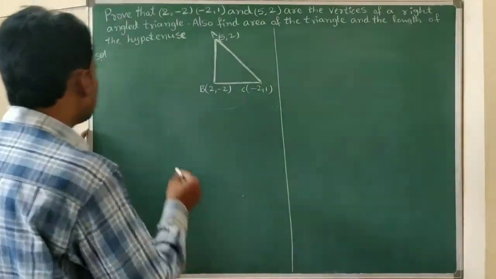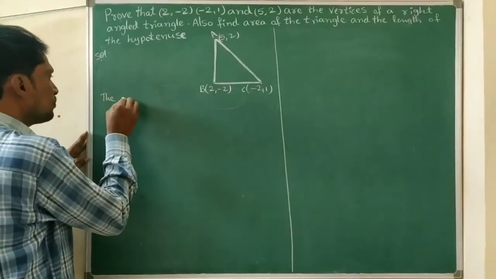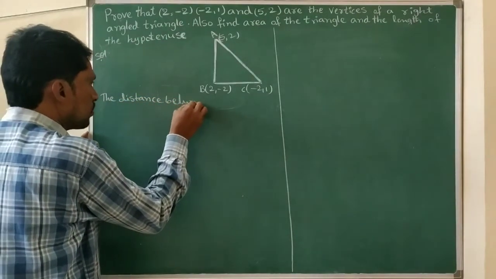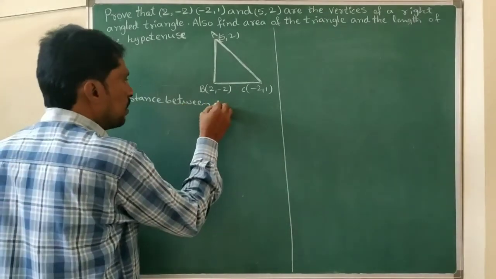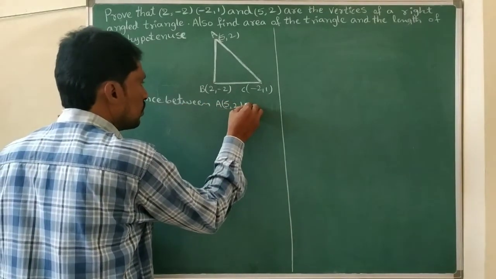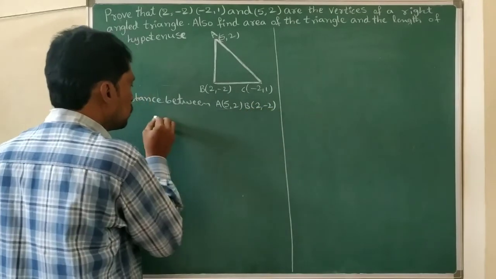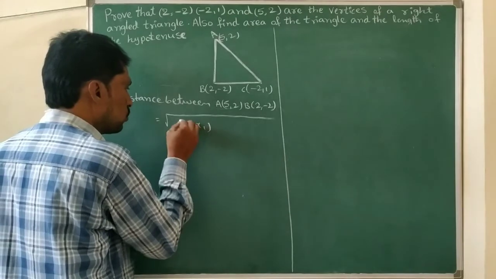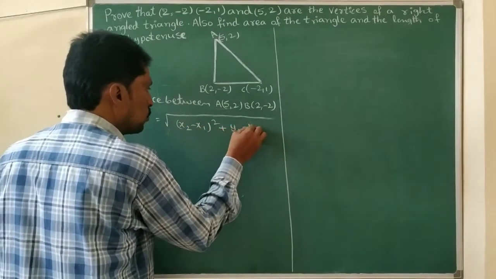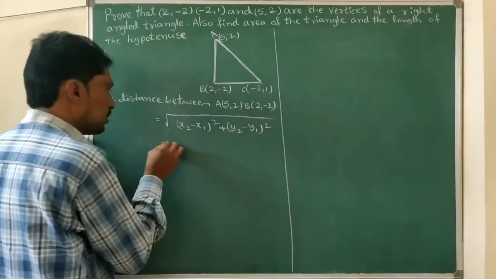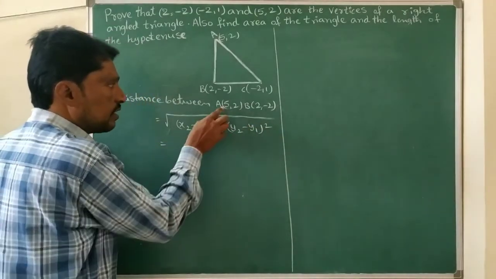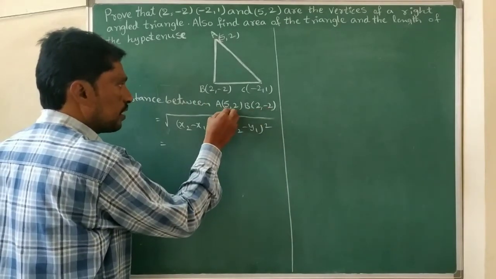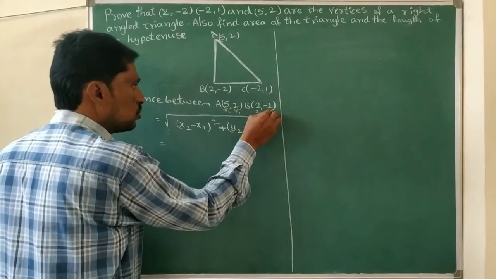Now you can see here the distance between A (5, 2) and B (2, -2) equals under root, first I am writing the formula, (x2 - x1) whole square plus (y2 - y1) whole square. So here A coordinates are x1, y1 and B coordinates are x2, y2.